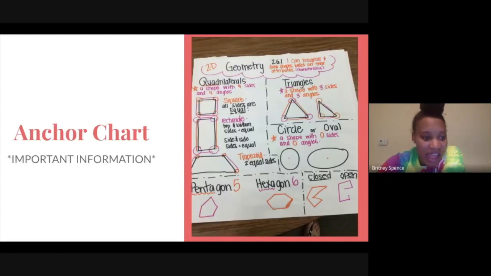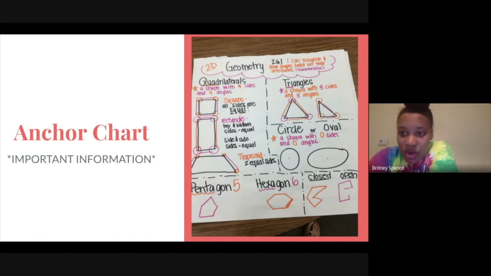So this is our anchor chart. Take a second and you can pause if you need to, because this is important information. It's just going over what I just went over on the vocabulary slide. So we have our quadrilaterals. They show you the different types. We have a square, a rectangle, a trapezoid. We have 2 different triangles, circles or ovals, pentagons, and hexagons.